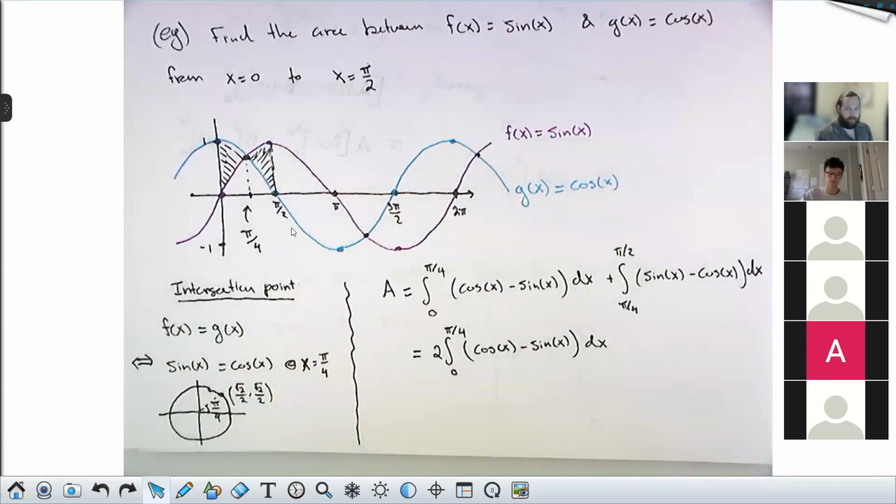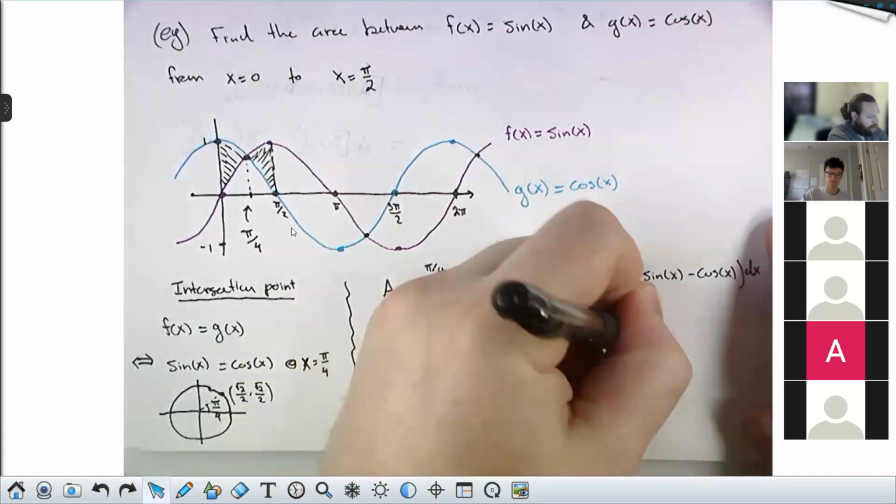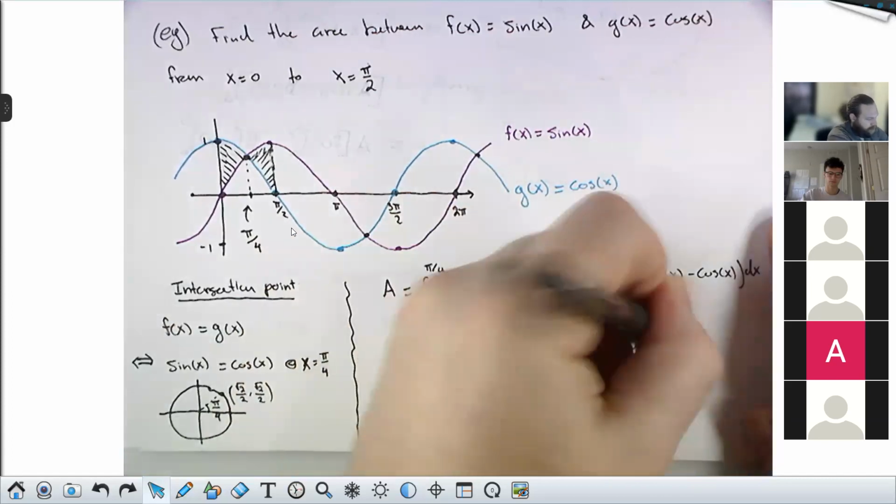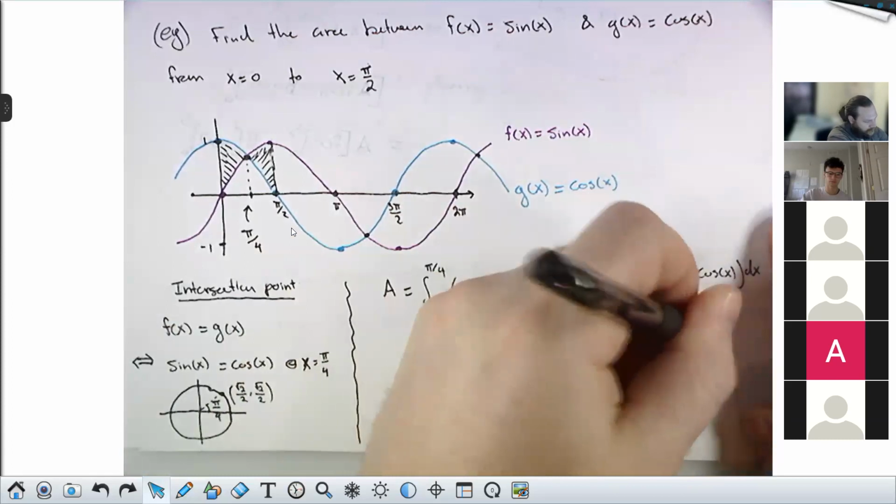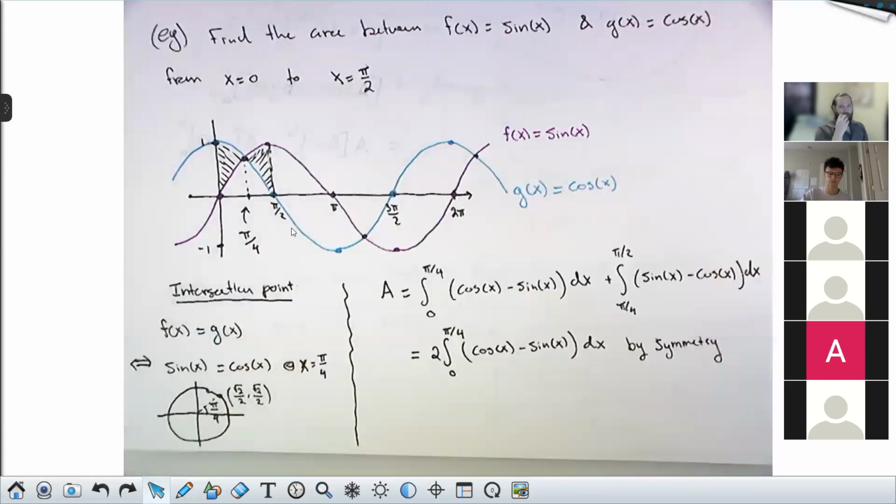They will save you a lot of time. But you do have to tell me what you're doing. So we can say that the sum of these two integrals is the same as double the first integral by symmetry. If you see the symmetry, exploit it. That's awesome. Do it. If you don't see the symmetry, that's okay. Just go ahead and crunch this out. It'll take a little bit longer, but you'll still get the right answer.